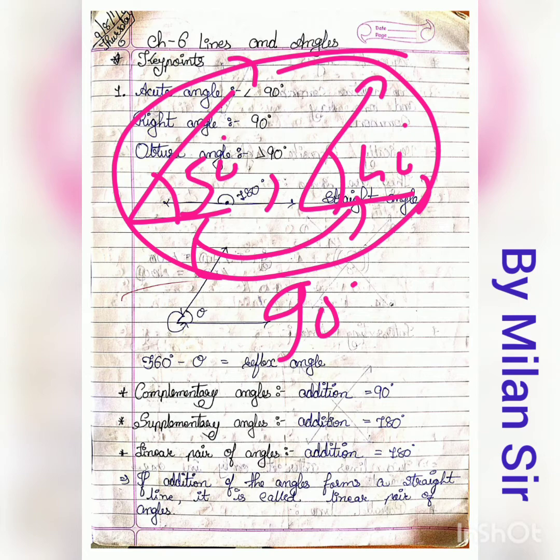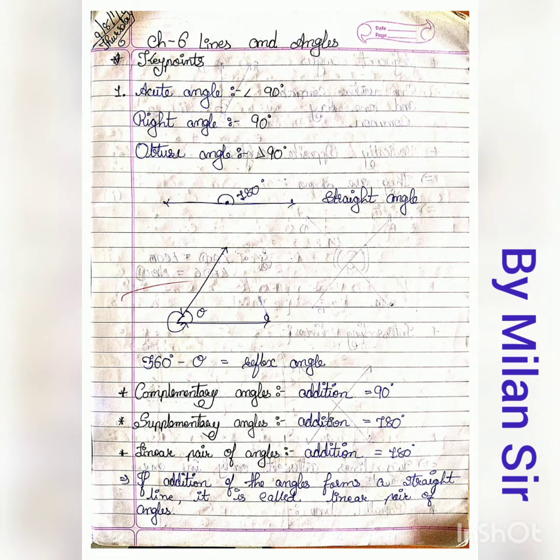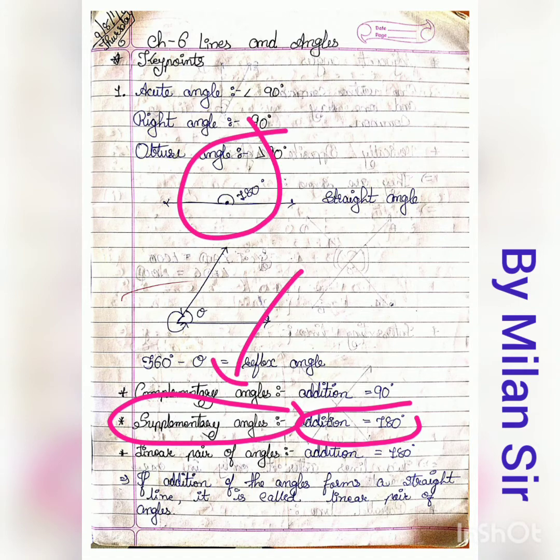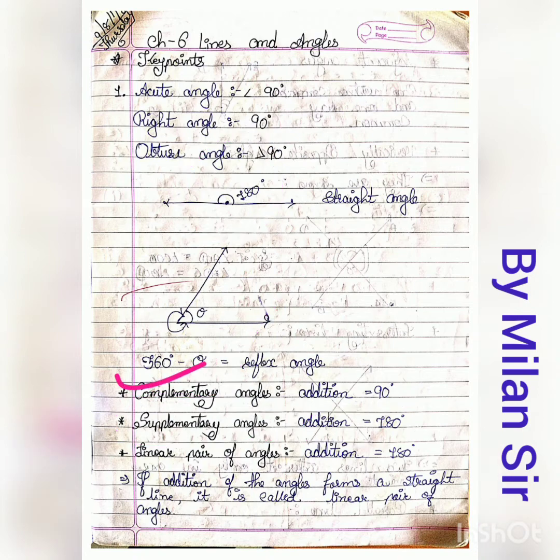Here we are talking about two angles. If one angle itself has a measurement of 180 degree, it is straight angle, and if addition of two angles is equal to 180 degree, it is called supplementary angles. Here we talk about only one angle, here we talk about two angles. Complementary angles mean addition 90 degree.